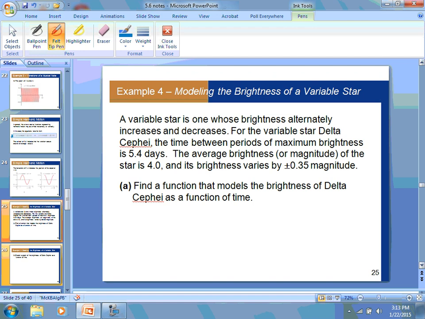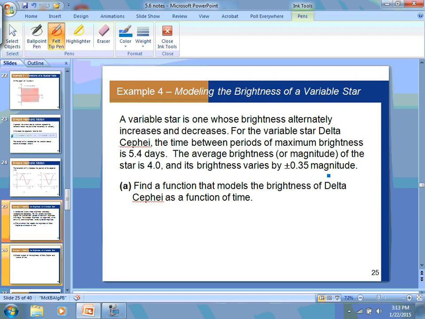And it says the average brightness or magnitude of the star is 4. And its brightness can vary as much as 0.35 more than that or 0.35 less than that in its magnitude.